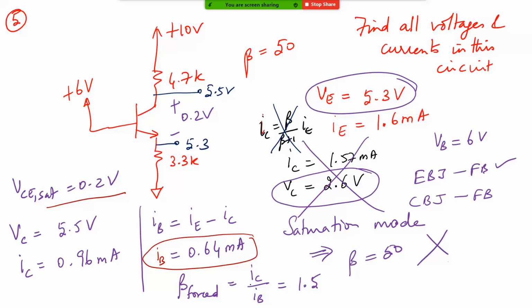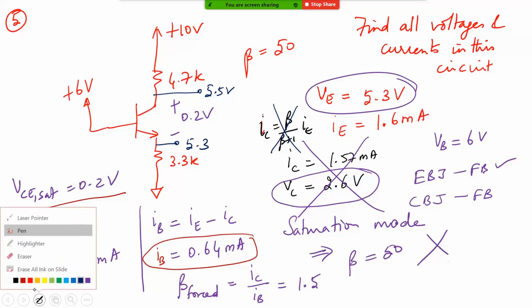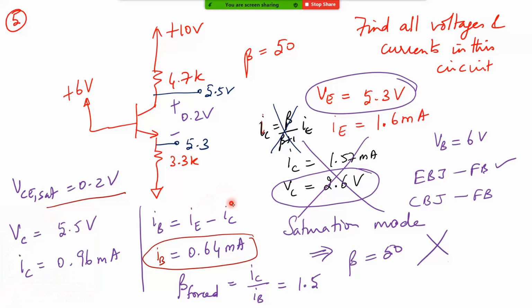But in this case, let's say you have designed a circuit and you end up with these values, and when you analyze it you realize that you made some mistake. What will you do? You will go back and change something here such that this transistor goes into forward active mode and not into the saturation mode. Is it clear?